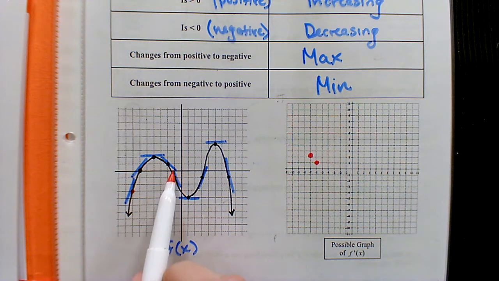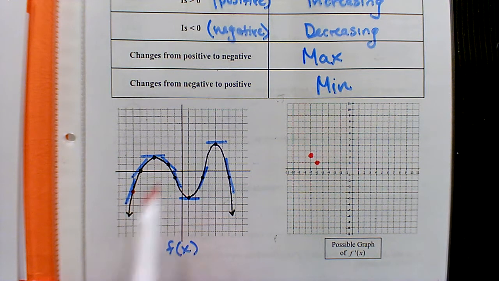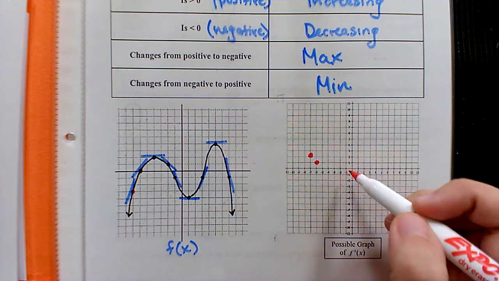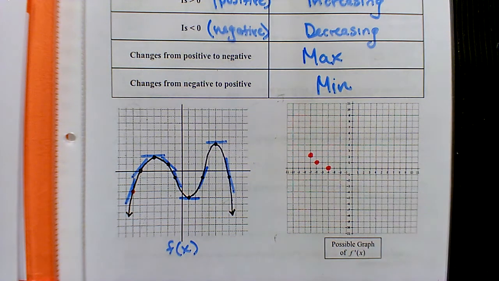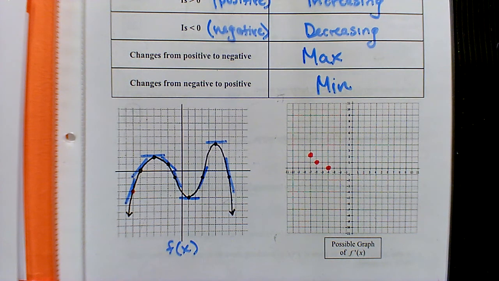Our next location, 1, 2, 3, is negative 4. What's our slope at that maximum? 0, right? So at negative 4, slope of 0, we're on the x-axis. Our next point is at the x value of negative 2. What does the slope look like at that spot, roughly?